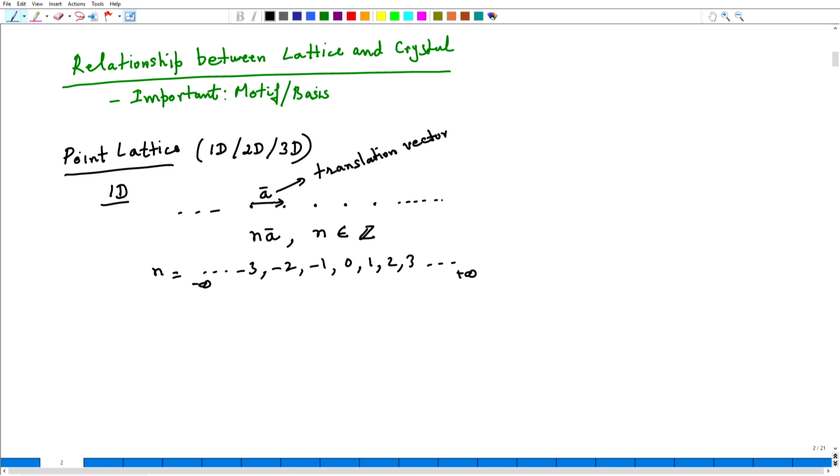And you can see that this particular vector nA is also called a lattice translation vector.